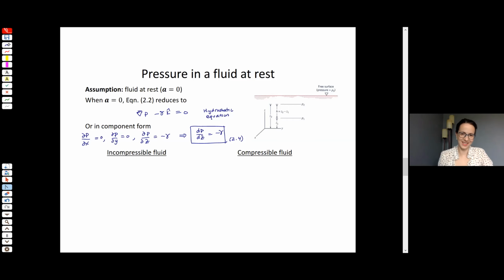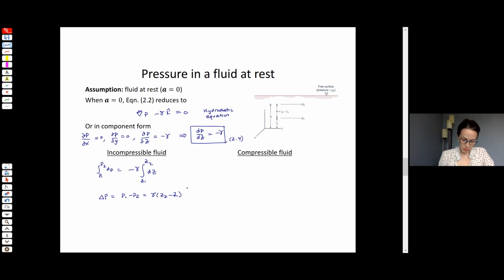All right, let's wrap up. So for an incompressible fluid, we can just integrate again, being careful about our definition of our axes, and we get that delta P, which is P1 minus P2, is equal to gamma times (Z2 minus Z1).